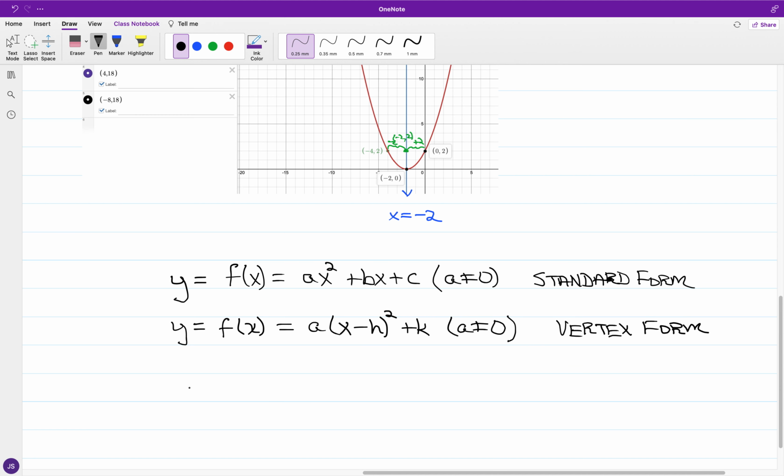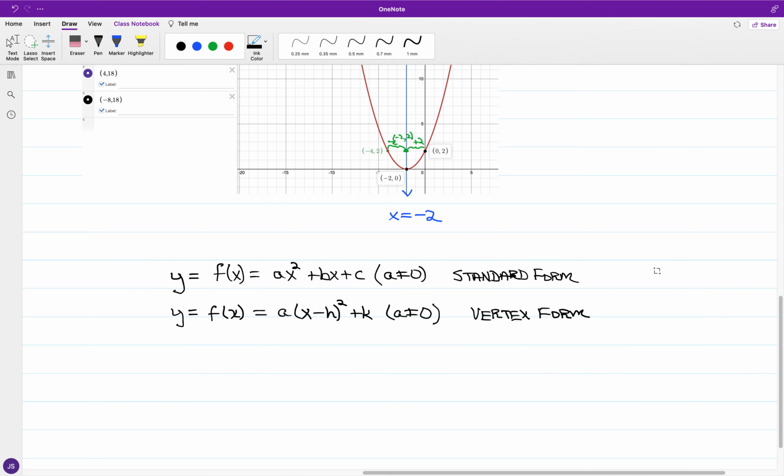Now, in the case of number 17, sort of different from what we had in the example, we're going to have a coefficient other than 1 in front of the x squared term in the standard form.